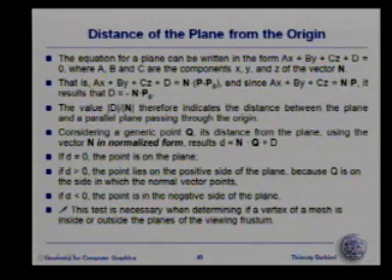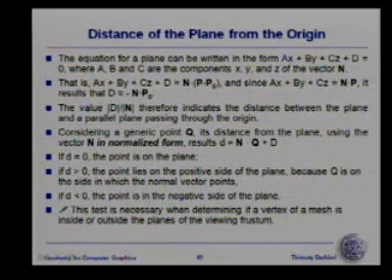So, for example, this test is very easy. It's just the normal to the plane plus the point. You can determine very quickly if a vertex of a mesh is inside or outside the planes of a viewing volume. That's very easy.